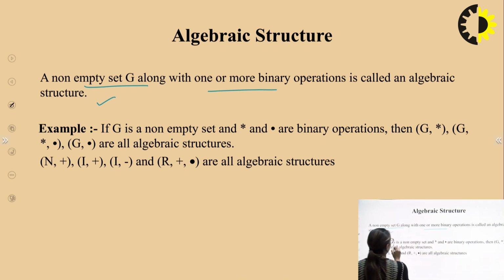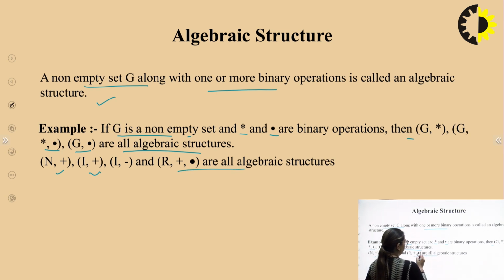Example, if G is a non-empty set, star and dot are the binary operations, then (G, star) and (G, dot) are all algebraic structures. For example, N plus, I plus, natural numbers, integers, negative integers, real numbers. If they are operated on plus and product, then they are all algebraic structures.